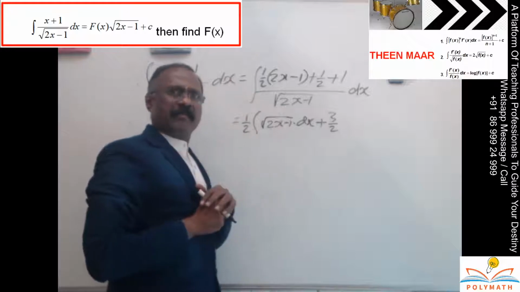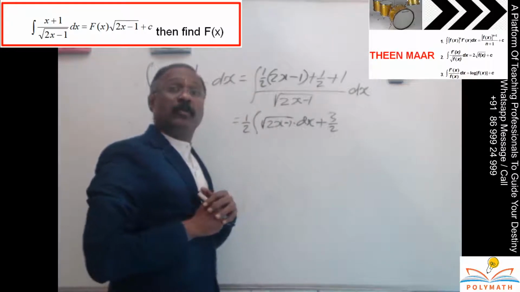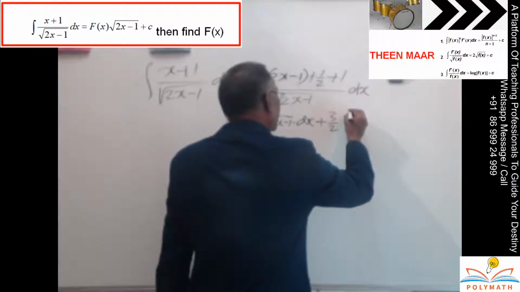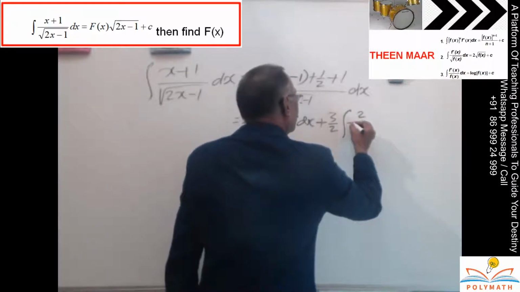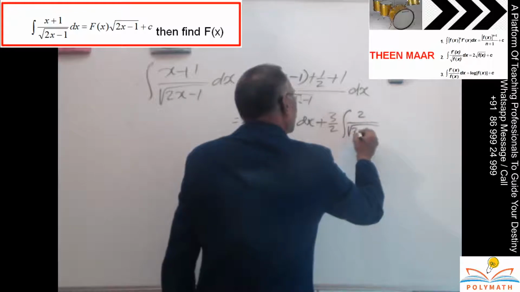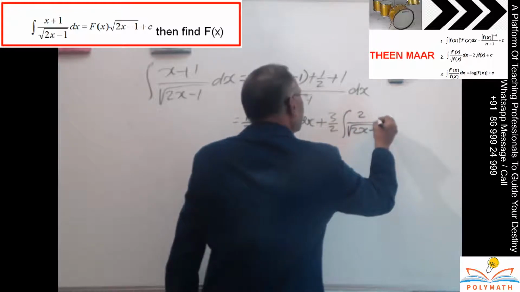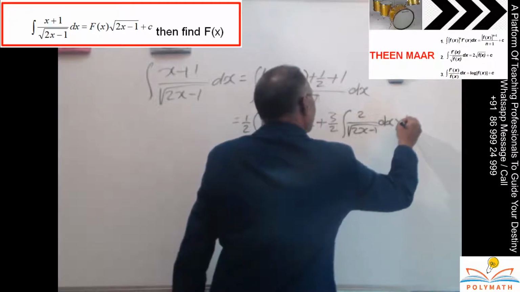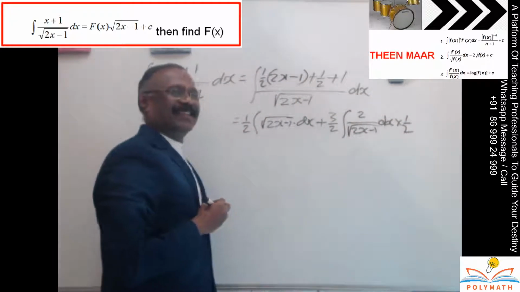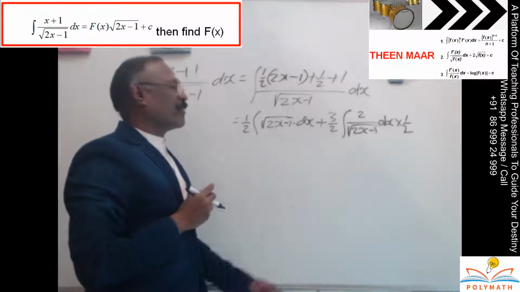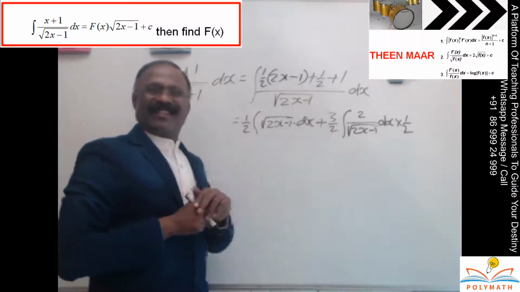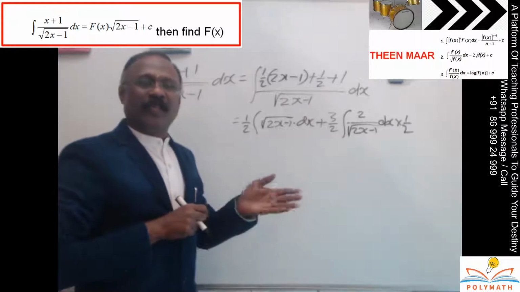This is root of x, let me say. What is its derivative? 2 is not there. But I am writing forcibly 2 divided by root over 2x - 1 dx. And because I wrote 2 extra, I am writing 1/2 there. Just to see what I did. I applied Maar 2 here, f'(x) by root of f(x). You can straight away write it as 2 root of x.